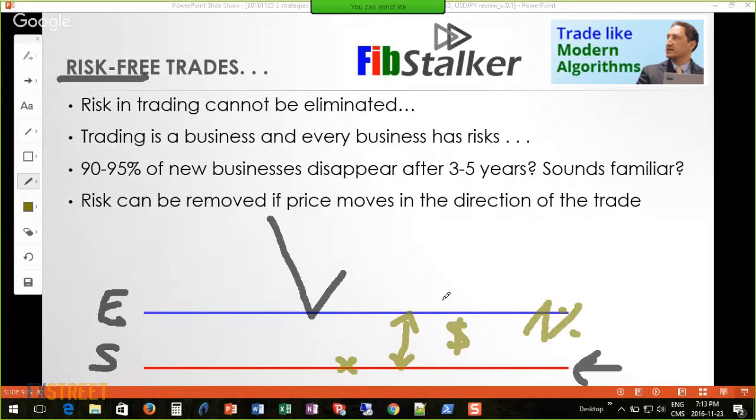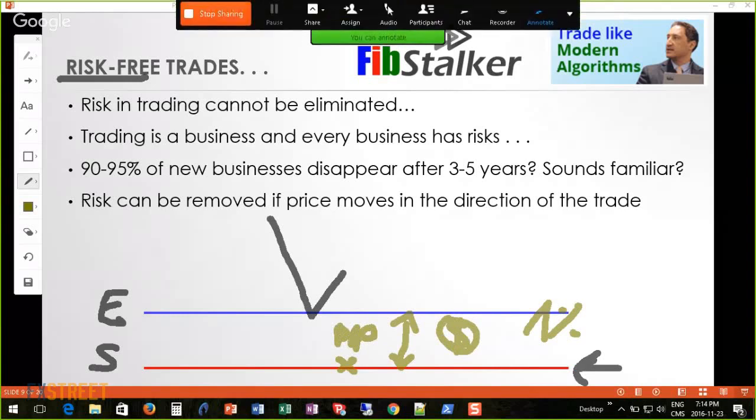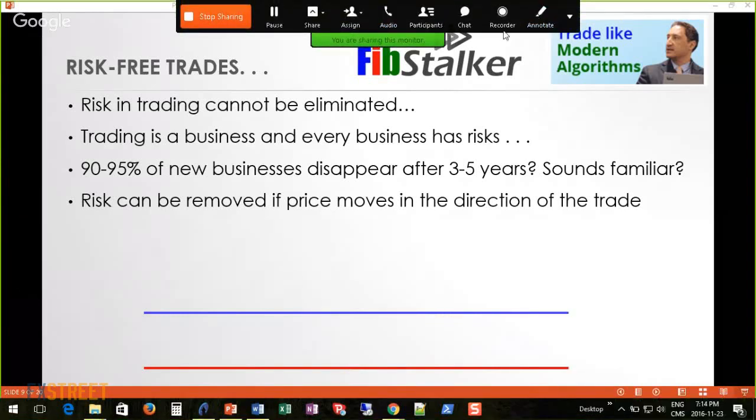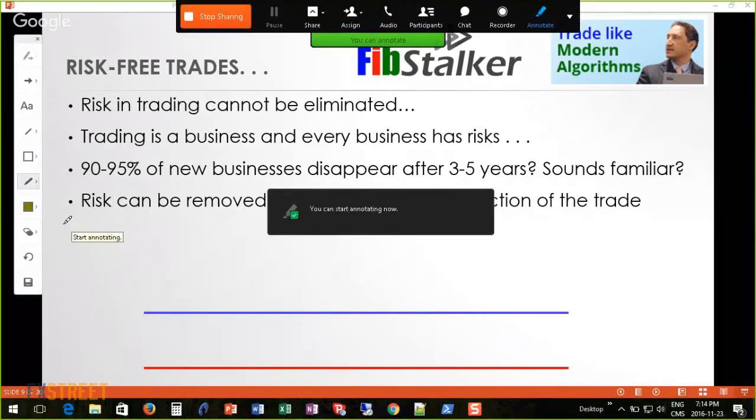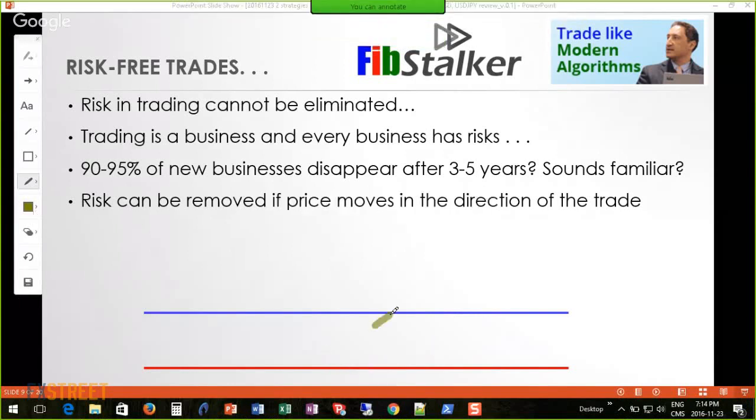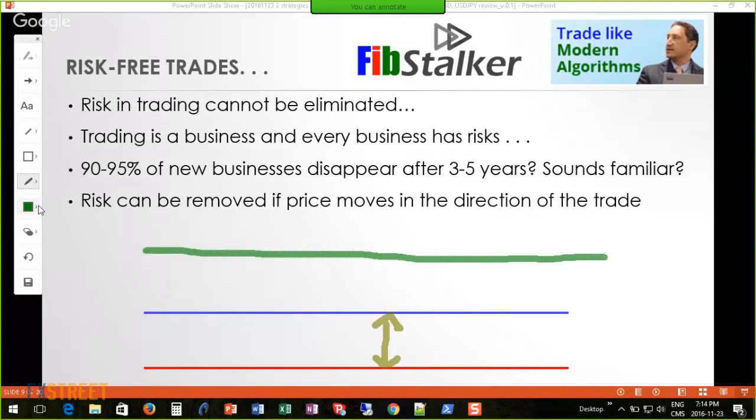Now, if we carry this risk, which can be expressed in dollars or in pips or ticks, there is a specific, unique level identified in our trade, and it's the level where our trade is going to show gains that match the initial risk.